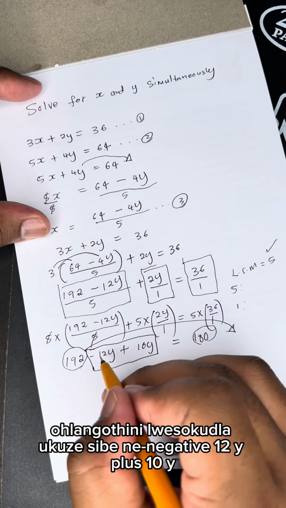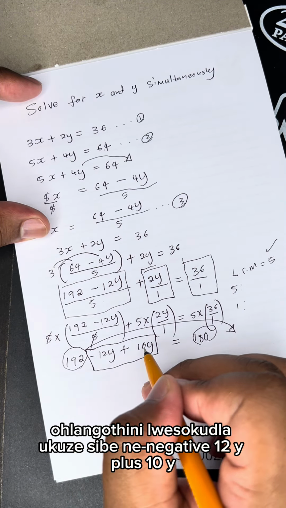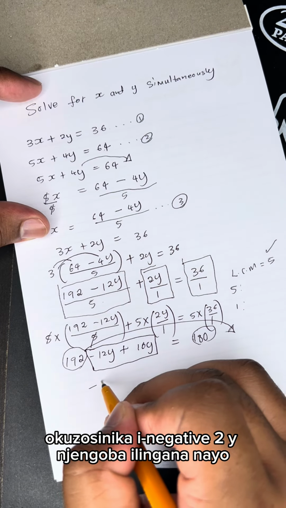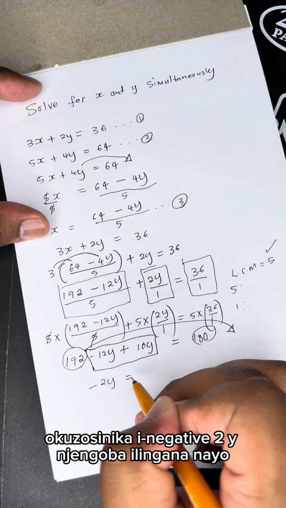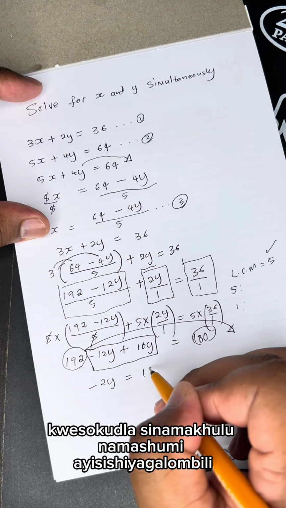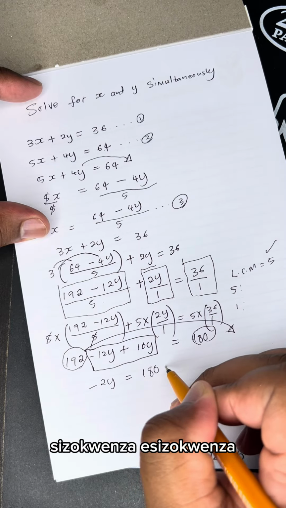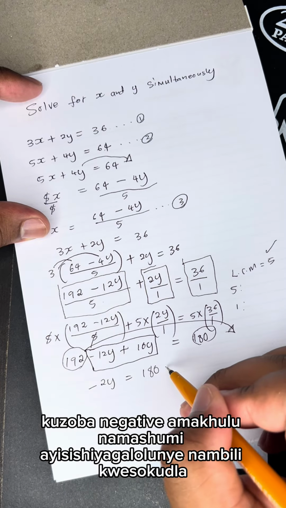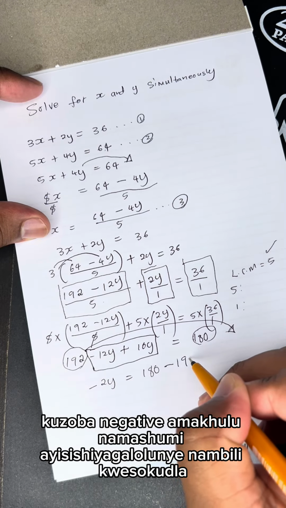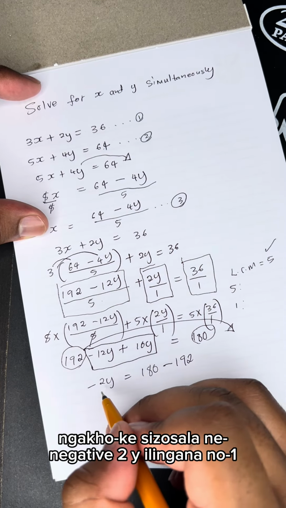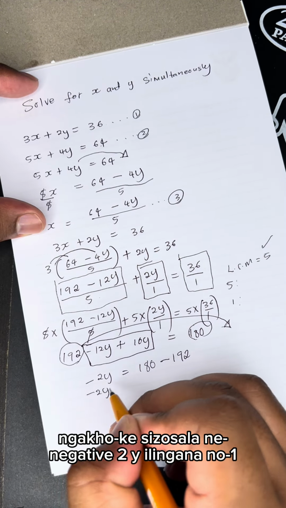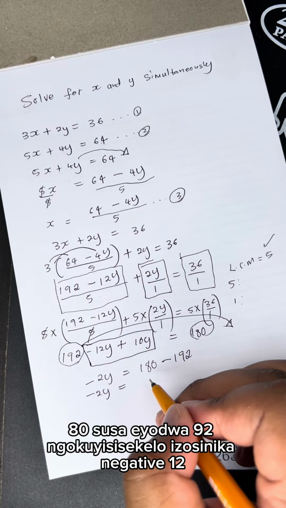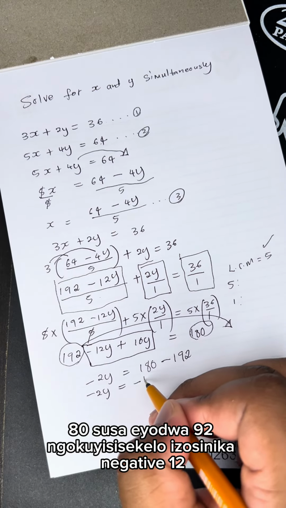So we have negative 12y plus 10y, which will basically give us negative 2y as equals to, on the right we have 180. If we transpose this 192, since it's positive, it's going to be negative 192, right? So we'll be left with negative 2y is equals to 180 minus 192 will basically give us negative 12.